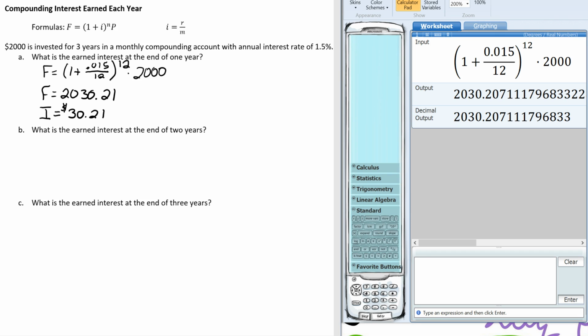Question B, what is the earned interest at the end of 2 years? We'll continue to use the future value formula, but we'll modify it to represent 2 years. The only modification is up in the exponent. The exponent now turns to 24, as there are now 24 different compounding periods.